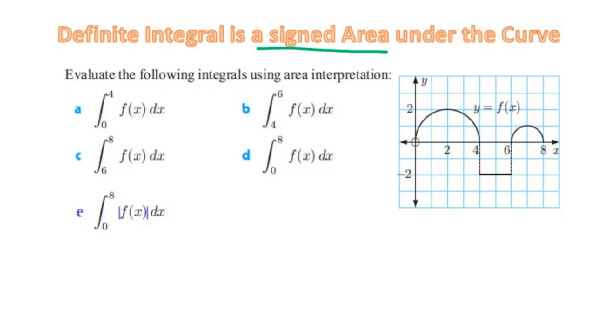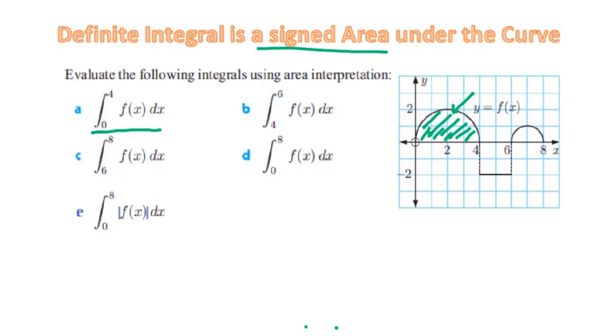According to this property, let's work out this example. For A, integral from 0 to 4 of f of x dx. For this f of x function, you could say it will be the area under the curve.